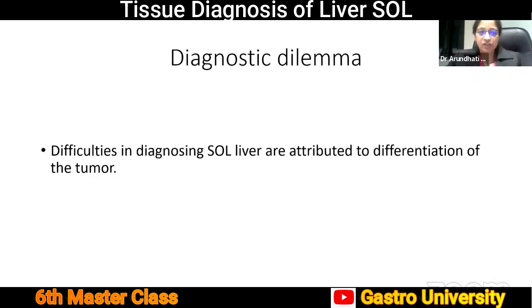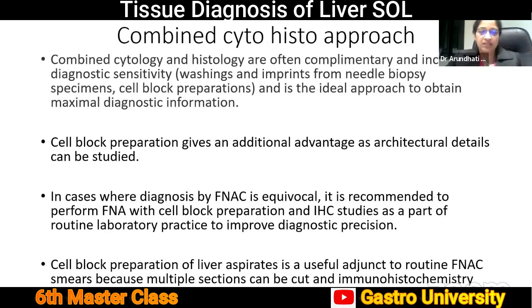So differentiation at both ends of the spectrum is what is problematic in FNACs. And that is why a combined cytologic and histopathologic approach is recommended in liver lesions. One of the modalities for a histologic or a combined approach is cell block preparation.